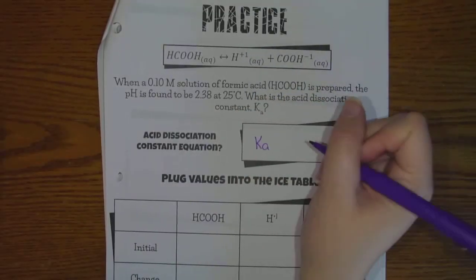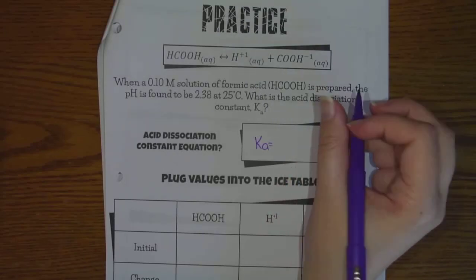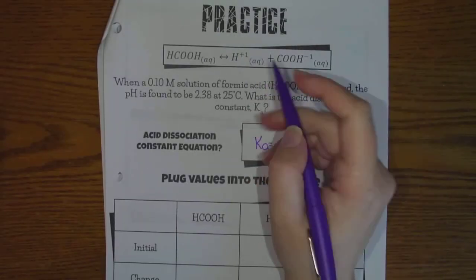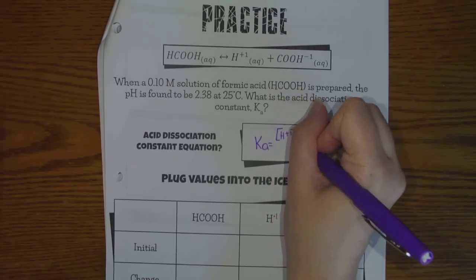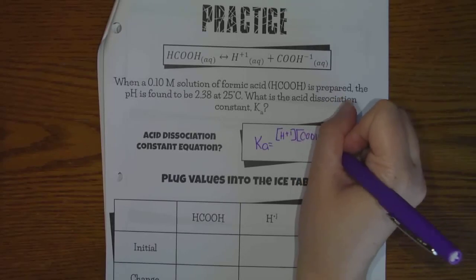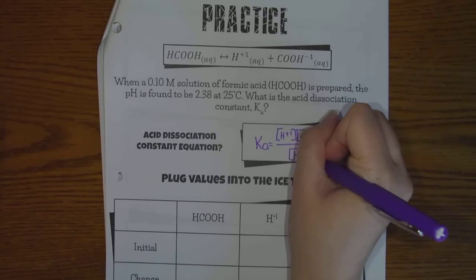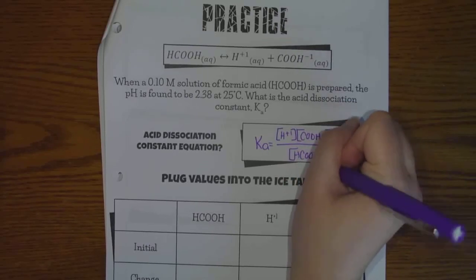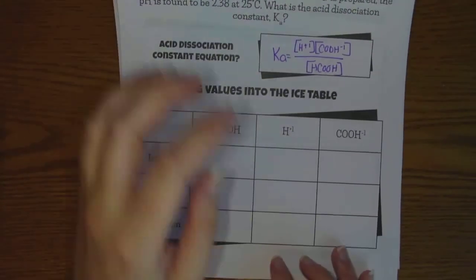So the first thing I'm going to do is write my acid dissociation constant equation, which is going to be products over reactants. So the concentration of H+1 times the concentration of COO-1 all over formic acid. Next step is to make my ice table. I've already done that for you.